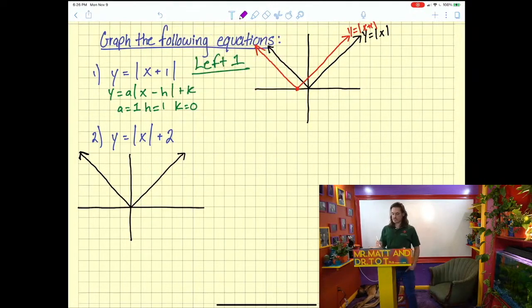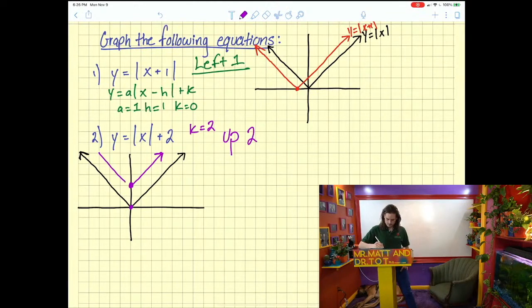But notice that we have a k value of 2. So that means we're going to be shifting this up 2 units. So from the vertex 0, 0, I'm going to go up 2 units, and then that's my new function.